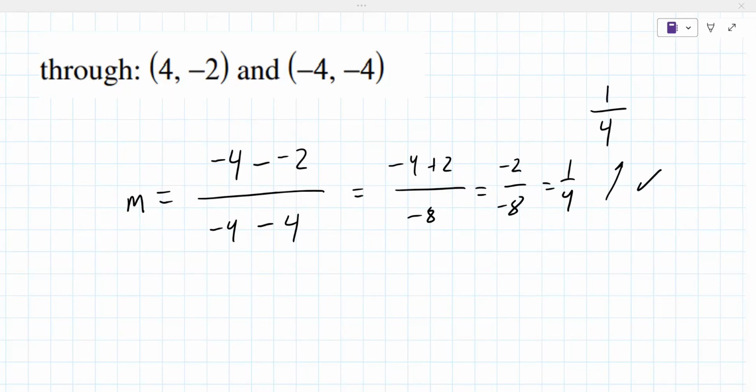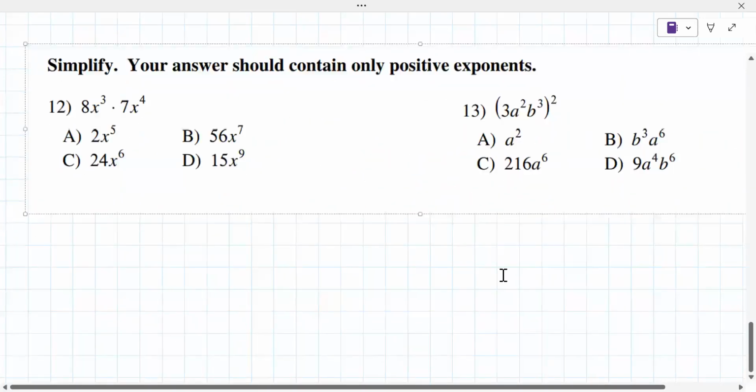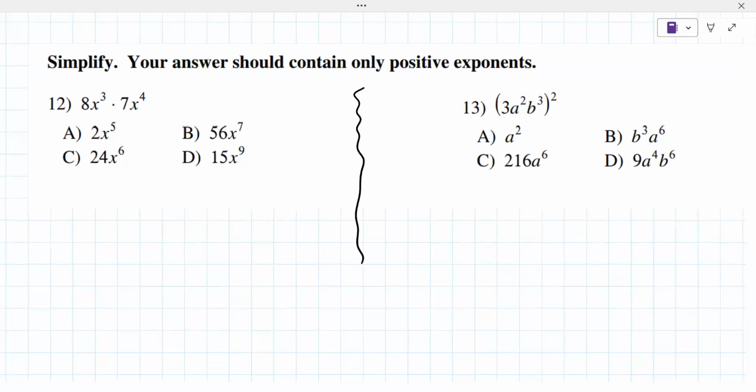Okay, a couple of new problems here for you to look at. All right, here we go. Go ahead and try each of these, please, and let me know what you come up with.